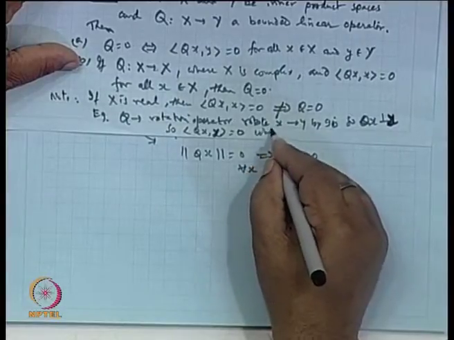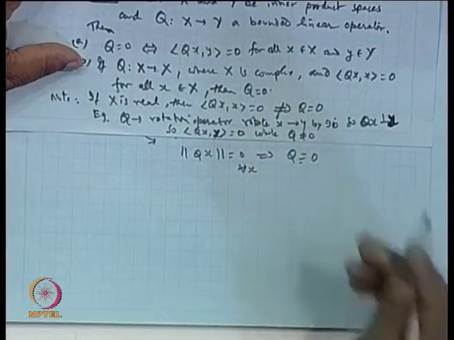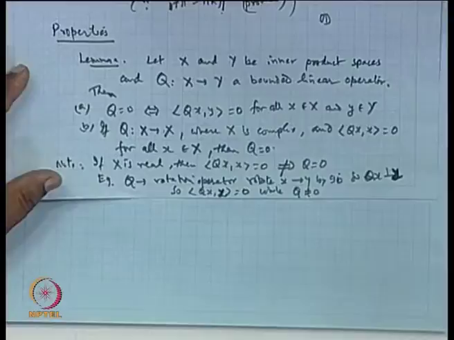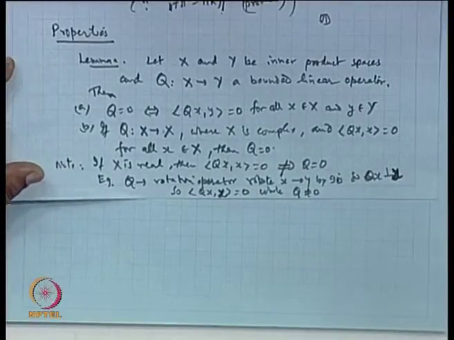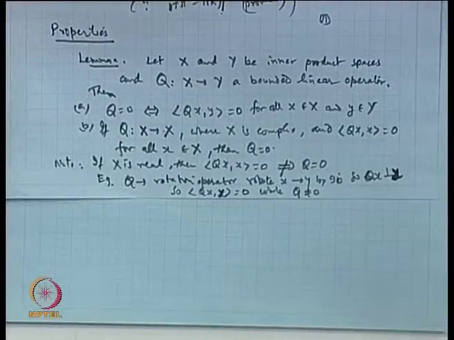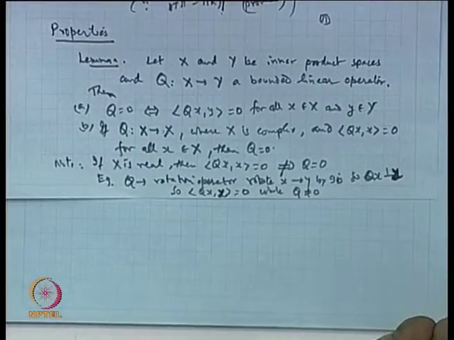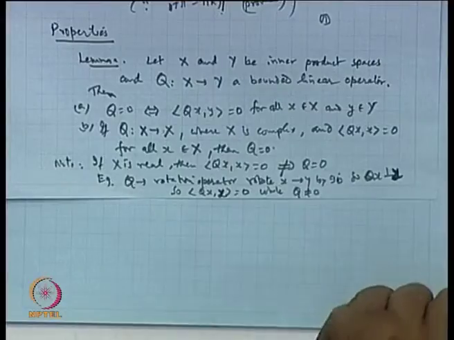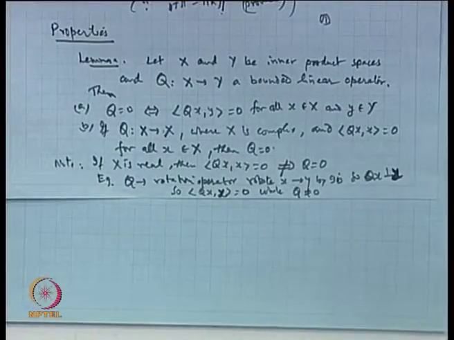While Q is not equal to 0, because a rotation operator cannot be the 0 operator. It rotates through an angle of pi by 2. So, x is a vector and Qx becomes orthogonal to x. So, the inner product Qx comma x becomes 0, while Q is not 0.